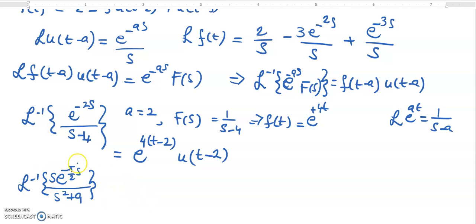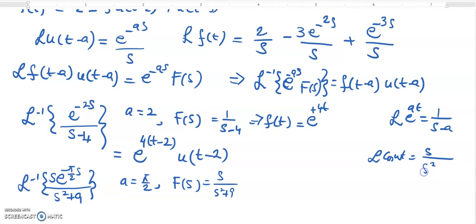If I compare it with this form of the formula, a will be equal to pi over 2, and f of s is s over s square plus 9. We know that the Laplace of cosine of omega t is equal to s over s square plus omega square. Therefore the corresponding function in t will be cosine of 3t, because omega is 3 in this case.